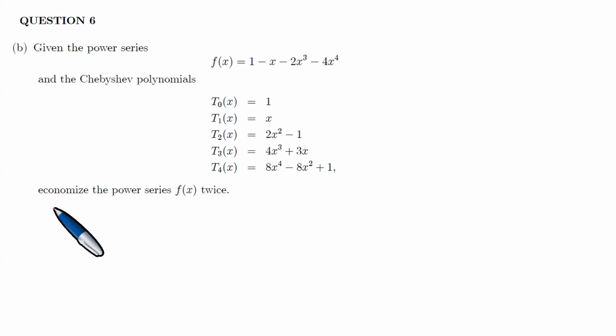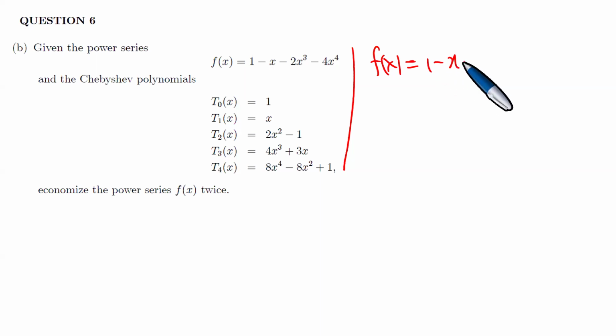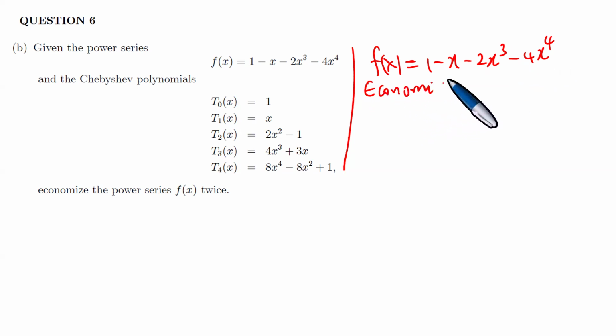We take note of the fact that f of x, this is the solution, 1 minus x, 2x cubed, minus 4x to the fourth power. So you economize it once first, and then you economize it again. So you're going to economize once first.